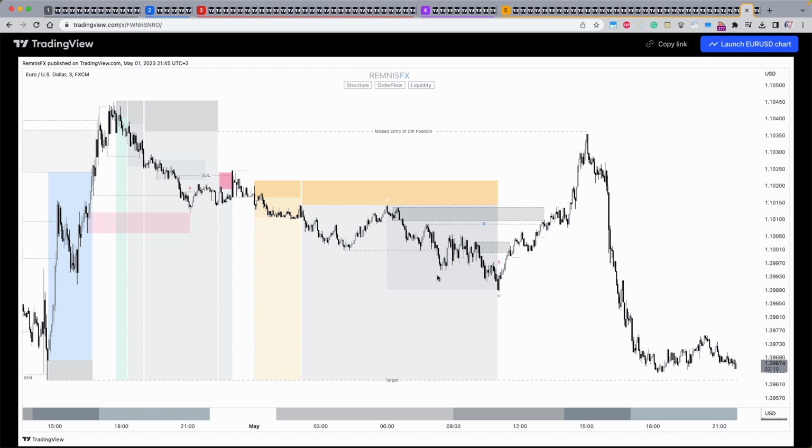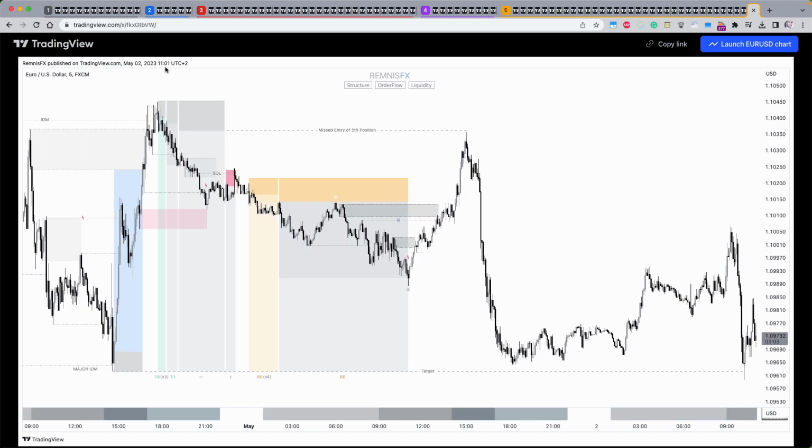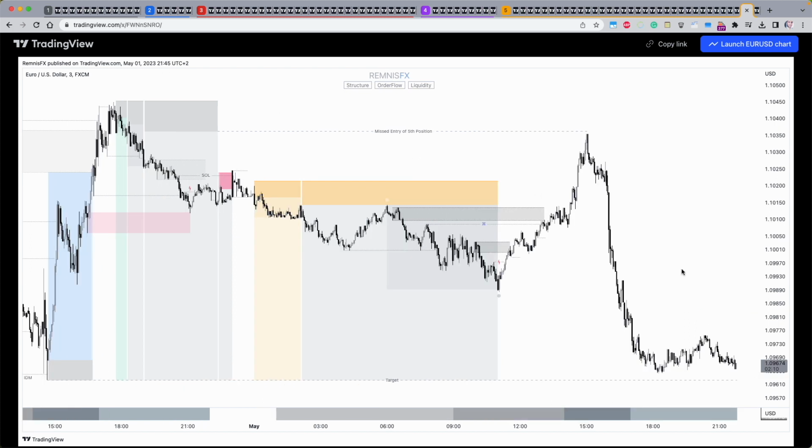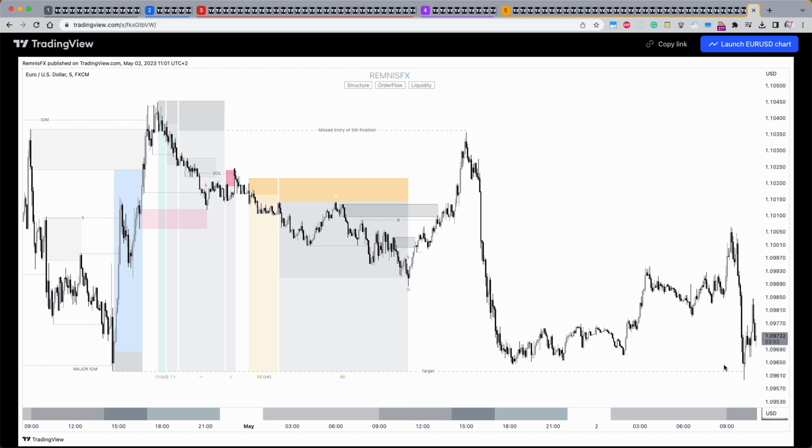And at this point, it was like 21:45, but still, I decided, you know what, let's call it a day, and I will let my positions run. And the next day, during the London session, as you can see, price eventually hit my TP, right?